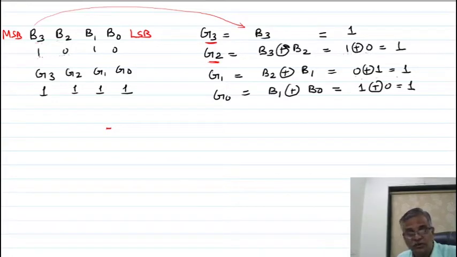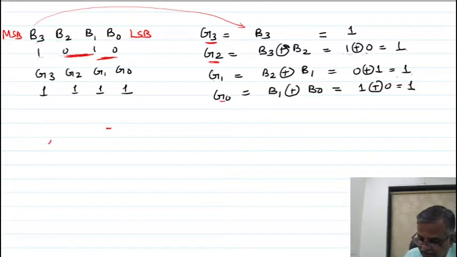In an XOR gate, if both the inputs are at different levels, the output is 1. For G1, I take the exclusive OR function of these 2, 0 and 1. Both are at different levels. For G0, I take the exclusive OR of B1 and B0. So my answer is this.